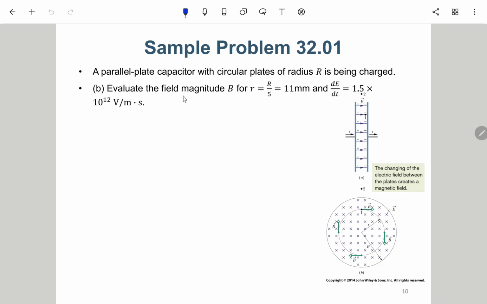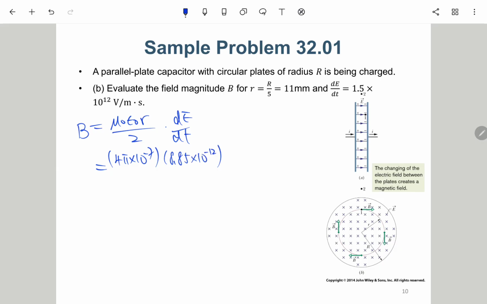Here it just lets you evaluate the B field when r is equal to capital R and dE dt equals this value. So B equals mu naught epsilon naught r over 2 and then dE dt, and you plug in the numbers: 4 pi times 10 to the negative 7 for mu naught, and 8.85 times 10 to the negative 12, and then r is 11 times 10 to the negative third power, all over 2, and then times 1.5 times 10 to the 12th power.